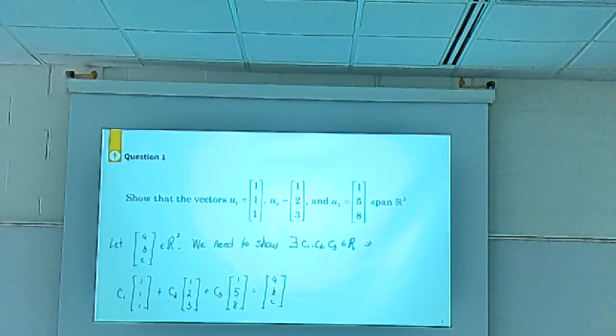Well, A, B, and C are just arbitrarily chosen real numbers, right? That's a system of linear equations. Specifically, that's going to be a system of three equations and three unknowns. What are your unknowns? C1, C2, and C3. How do we solve systems of equations?